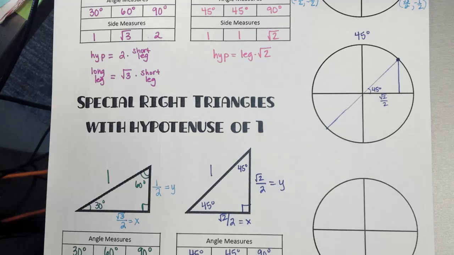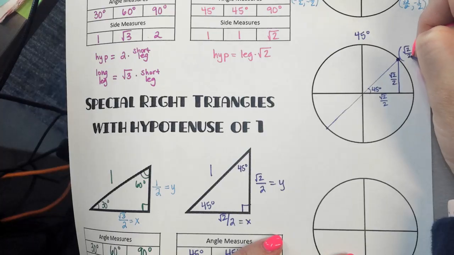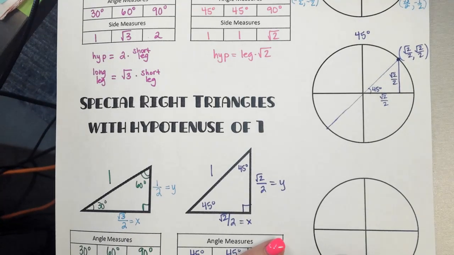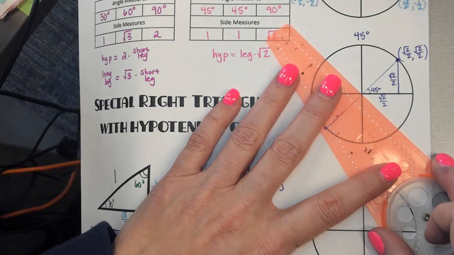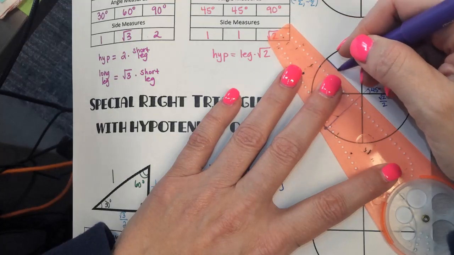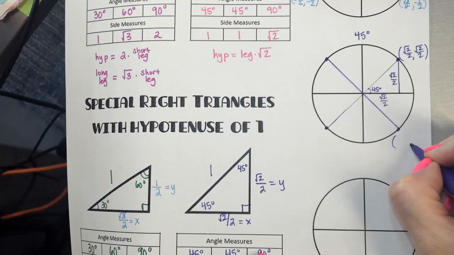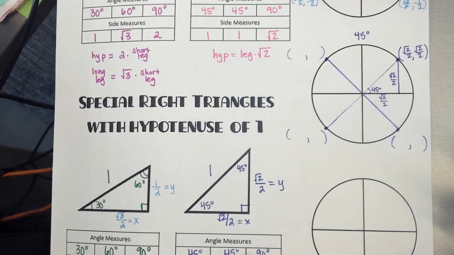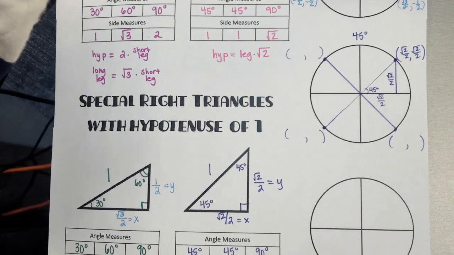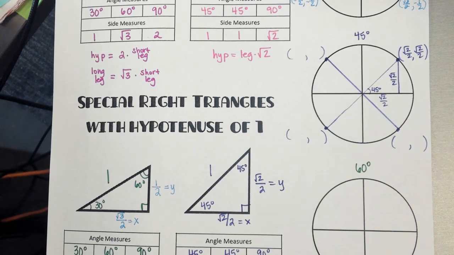Okay, so when you are putting those on your triangle, that is where your point is coming from. It's your x-coordinate and your y-coordinate. Okay, so again, I just want you to adjust those coordinates for every quadrant. Okay, so go ahead and fill those in.